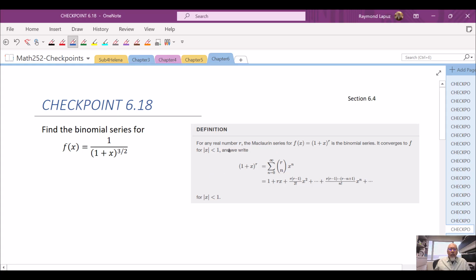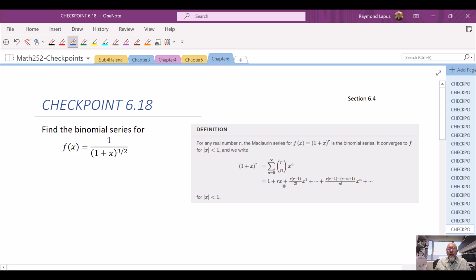So here we have the binomial series theorem that says 1 plus x raised to the r power is going to be equal to the sum as n goes from 0 to infinity of r choose n times x to the n. It's a special formula that takes an r and an n as an input.